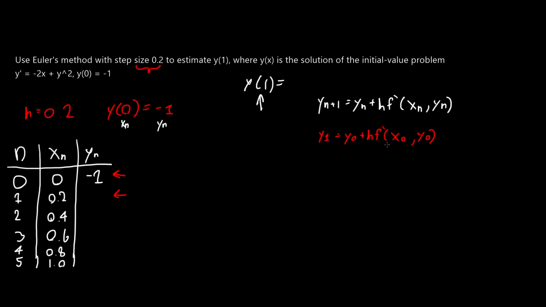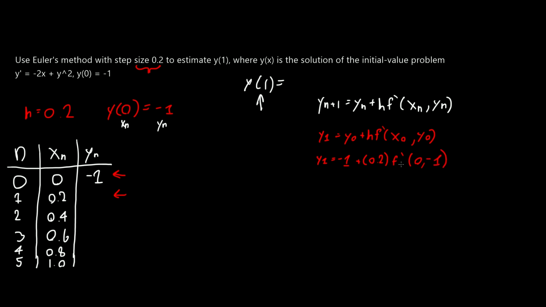So now let's plug in our values. So y sub 1 is going to equal y sub 0, which is negative 1, plus h, our step size, which is 0.2, multiplied by f of x sub 0, which is 0, comma y sub 0, which is negative 1.